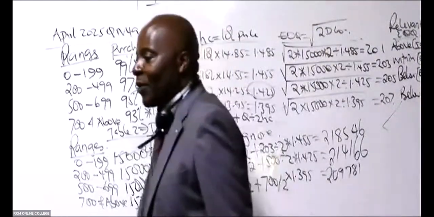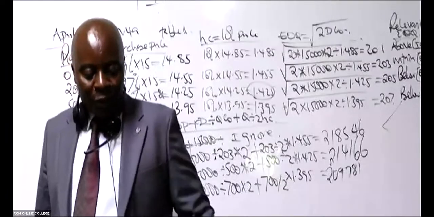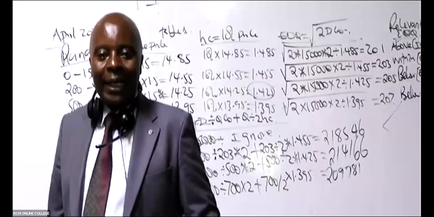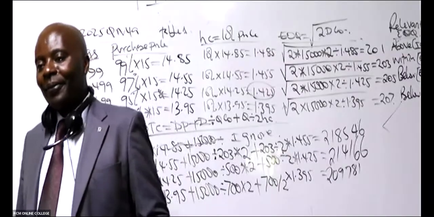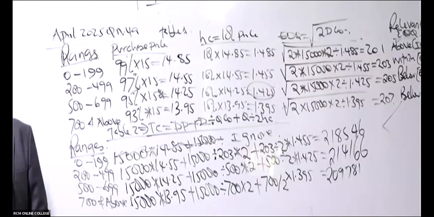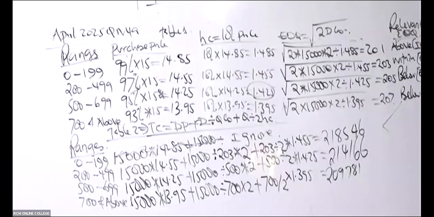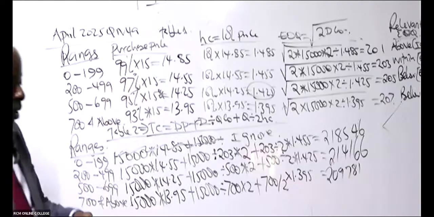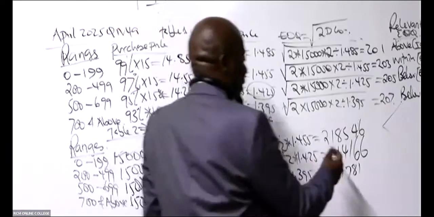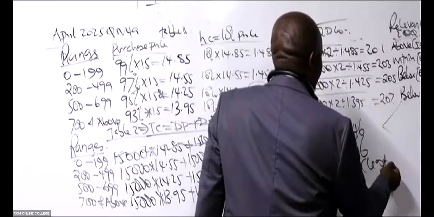So then amongst the quantities that you have been able to evaluate their total cost, which one is the least cost quantity? What are you recommending in this case for these guys to buy? Remember, you have those relevant EOQs. So the one that has got the least cost, isn't it? This is the least cost.